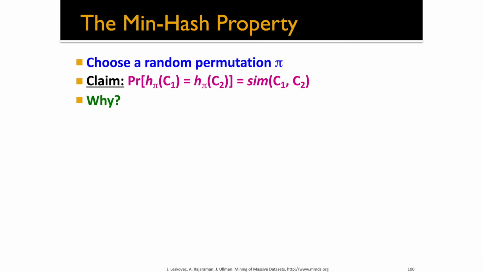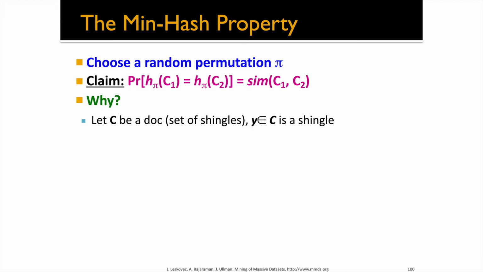This claim is called the min-hash property. What we say here is that the probability of two documents hashing to the same value should be equal to the Jaccard similarity between those two documents. So let's go through the proof for why this is.